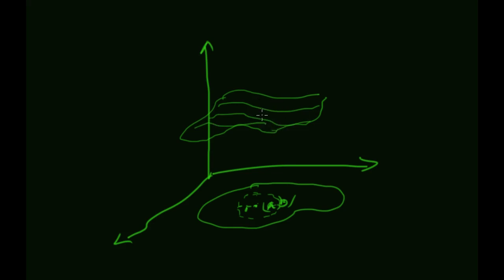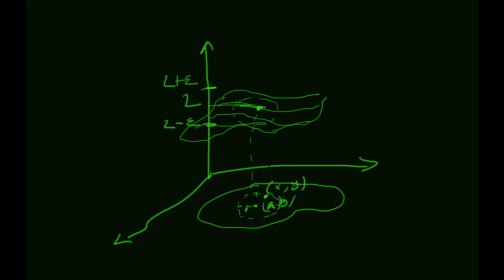And we're going to say that this point here, directly above that, its value here is going to be L. And what we want to say is that if I have a point (x, y) inside that circle, the height above that same circle has to be between L plus epsilon and L minus epsilon.